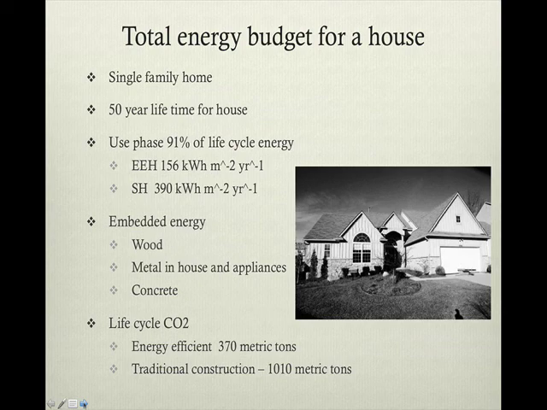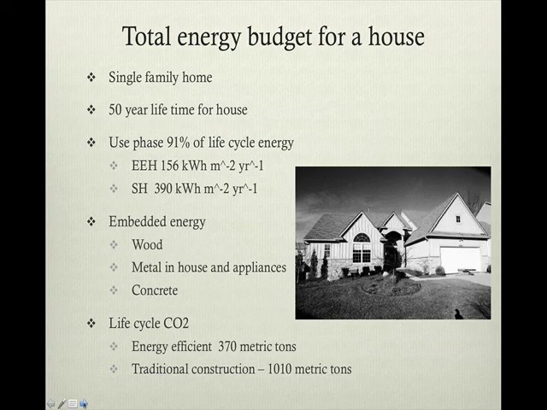They used more wood because they made the walls thicker. They had more metal and cost in appliances because they bought better appliances that were more energy efficient. And they used a lot more concrete in the building of it so they could have a substantial foundation that actually insulated the house better from the ground.